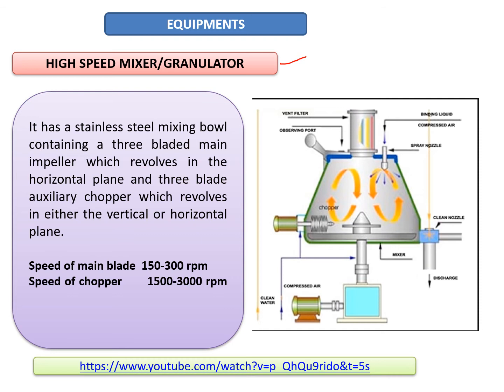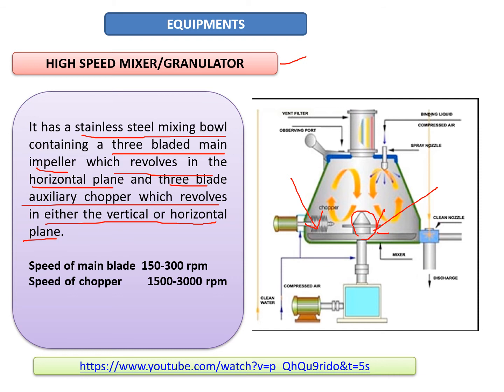Basically, it is a stainless steel mixing bowl containing a 3-bladed main impeller, which revolves in the horizontal plane, and a 3-blade auxiliary chopper which revolves either in the vertical or in the horizontal plane. In this case, the chopper is rotating in the vertical direction. So this is the impeller and this is the chopper. This is the ball shape structure.